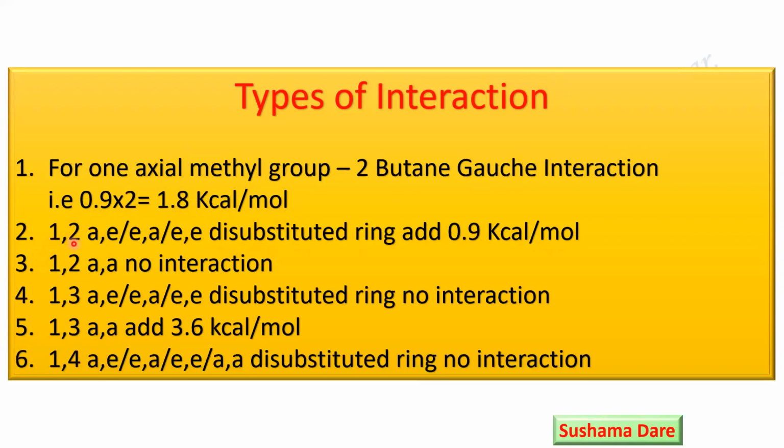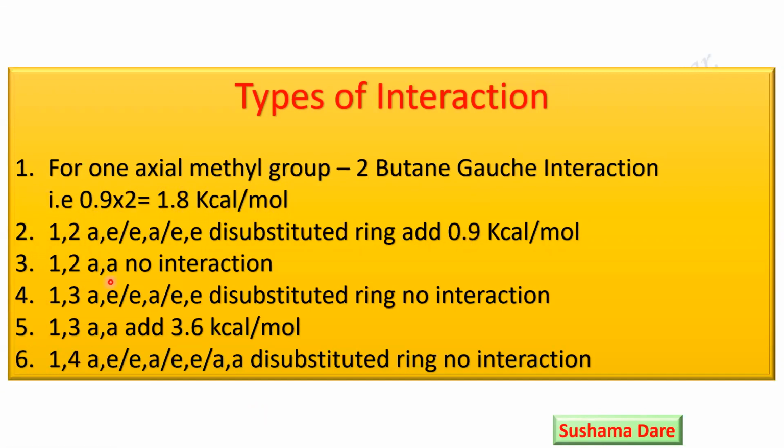If the two substituents are 1,2 related, whether axial-equatorial, equatorial-axial, or equatorial-equatorial in the disubstituted ring, always add one butane-gauche interaction, that is 0.9 kilocalorie per mole.